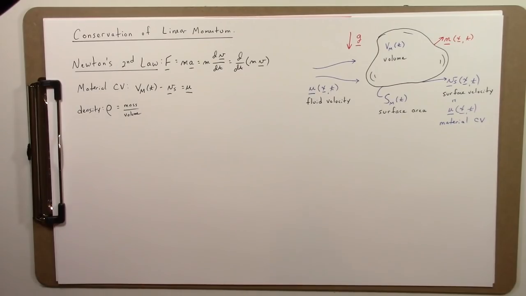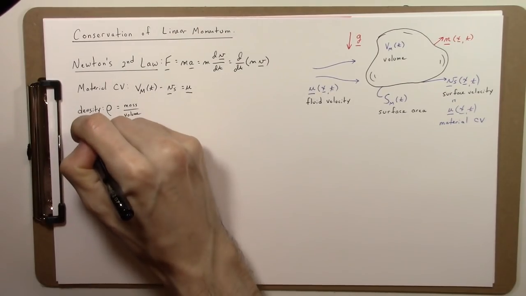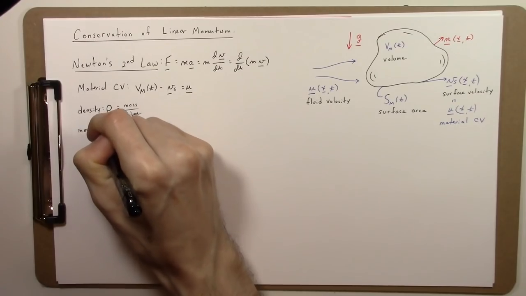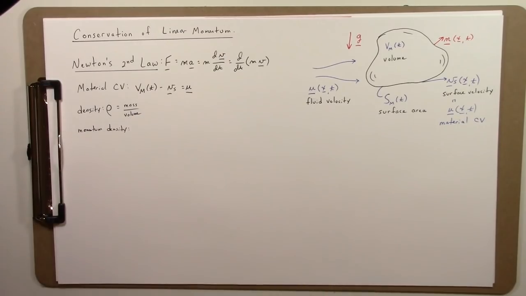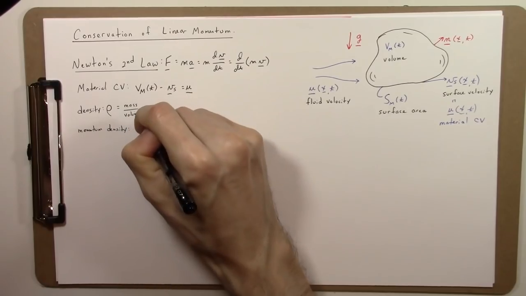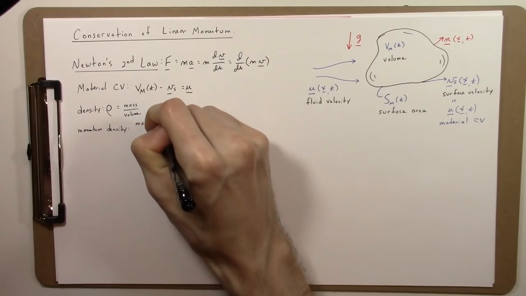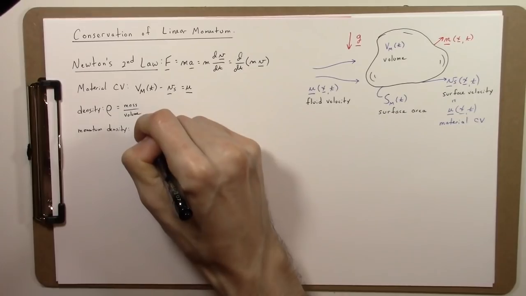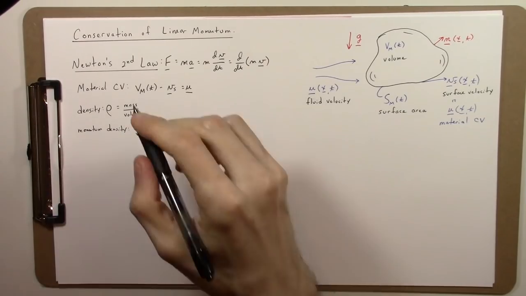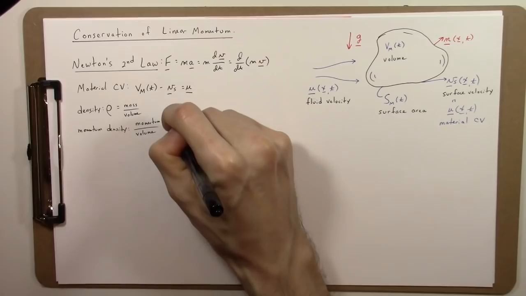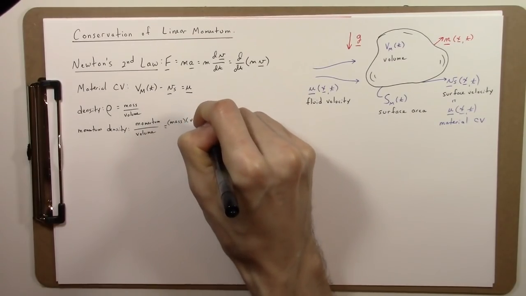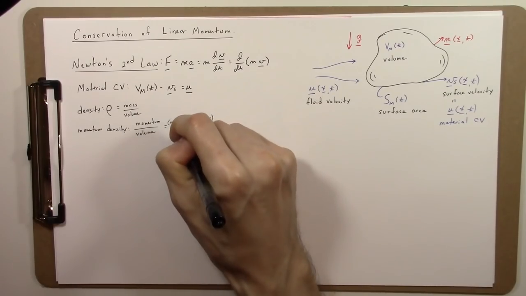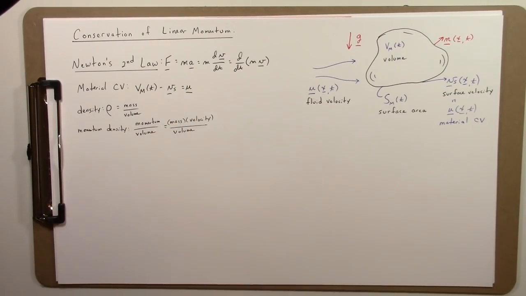We also worry about the momentum density. So the regular density, or the mass density, is mass per volume. Momentum density is simply momentum per volume. So momentum is just mass times velocity per volume.